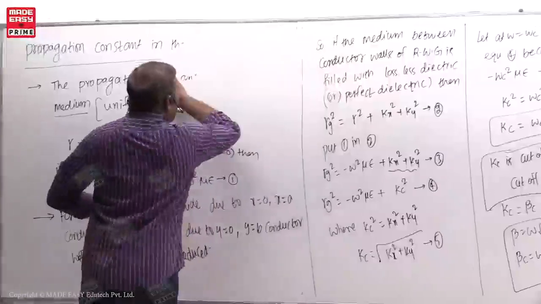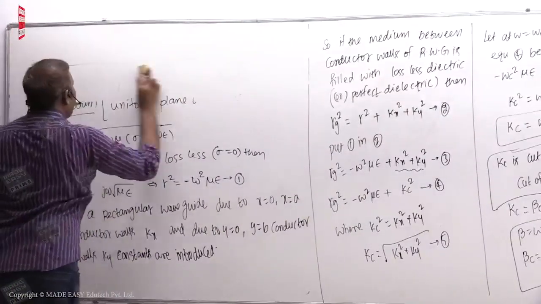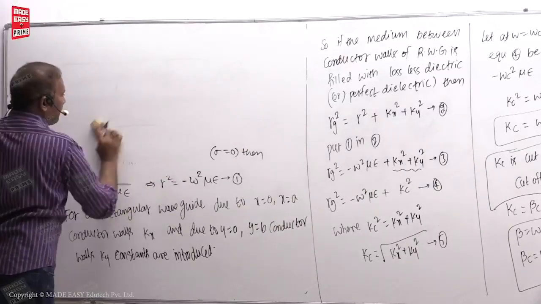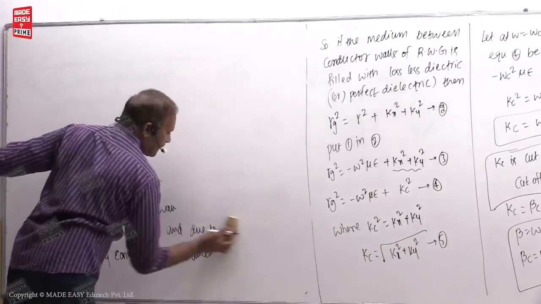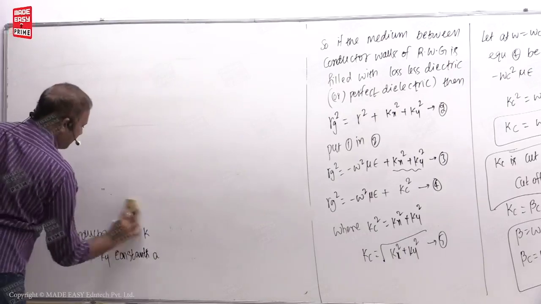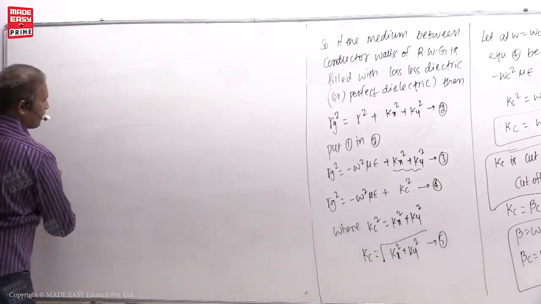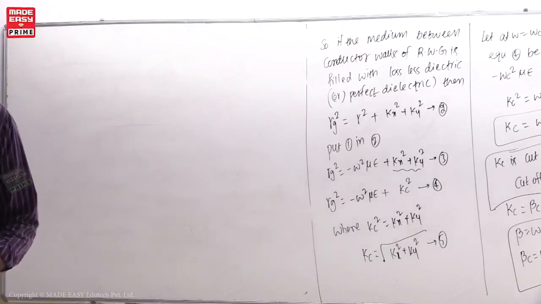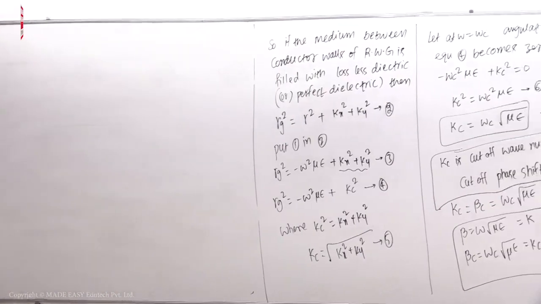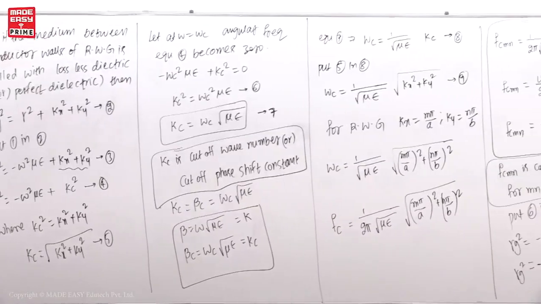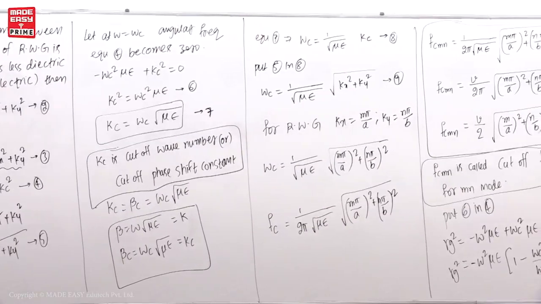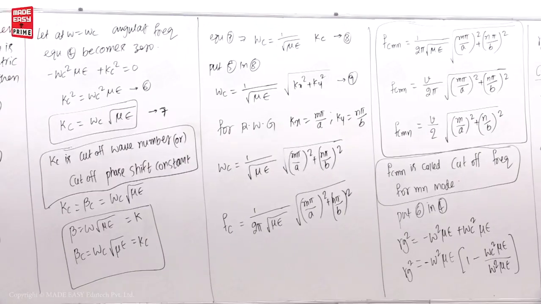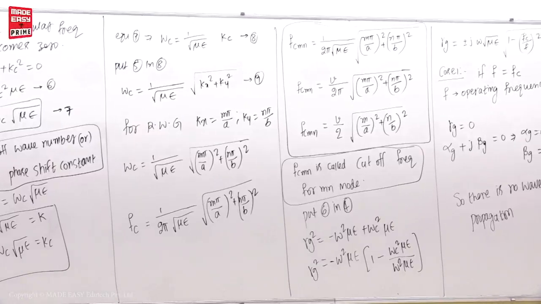So if the operating frequency f is less than the cutoff frequency, if f less than fc, then what will happen? Let us see. That is case 2.